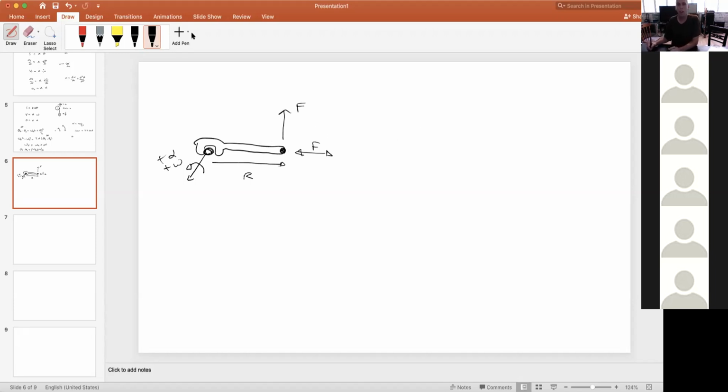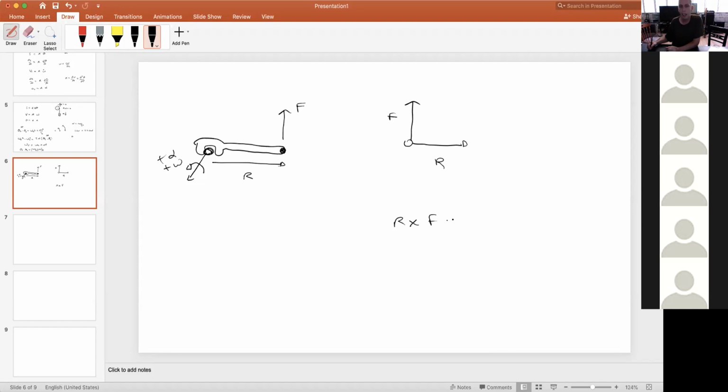So how you draw this is you draw the vectors tail to tail, right? And then you do the cross product. And the cross product has to be R cross F. It has to be in that order.